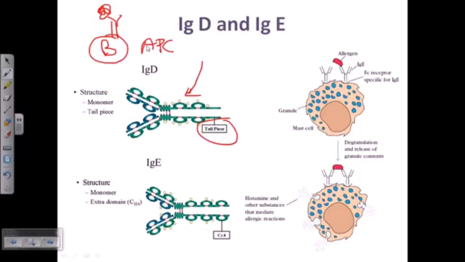Antigen presenting cells always work like that: they hold on to antigen, process it internally, and then present it outside so that they can pass this information throughout the immune system. So this kind of receptor is made by IgD molecules. Okay, IgD does not have the capability of binding with complement, and it cannot fix complement.